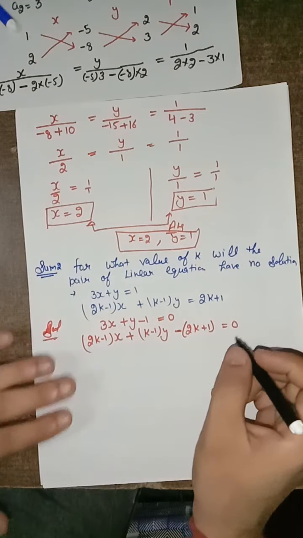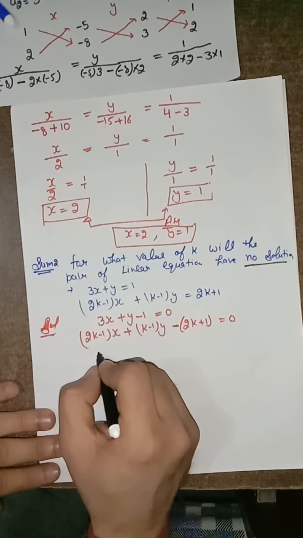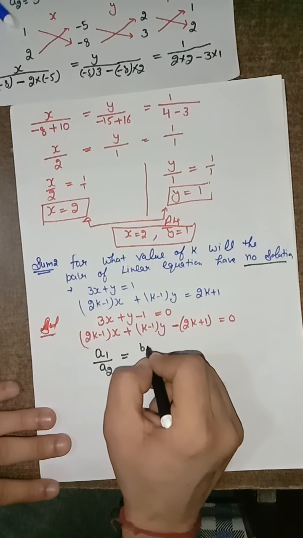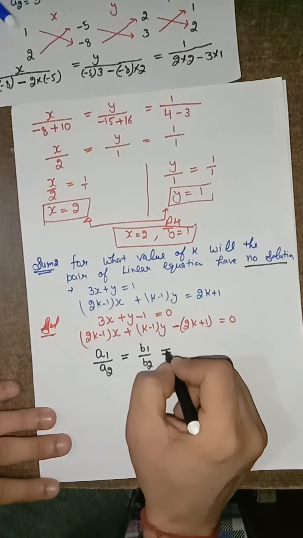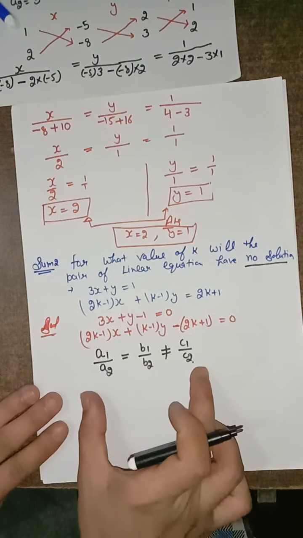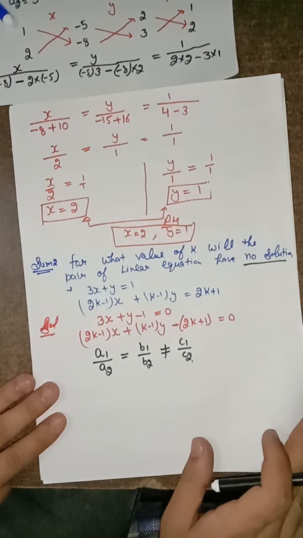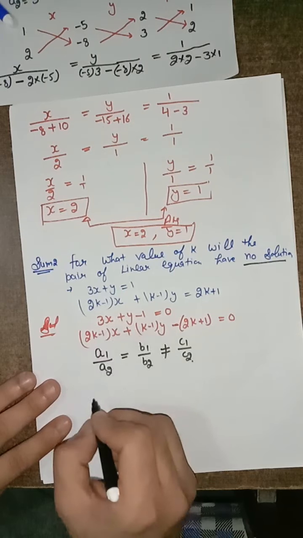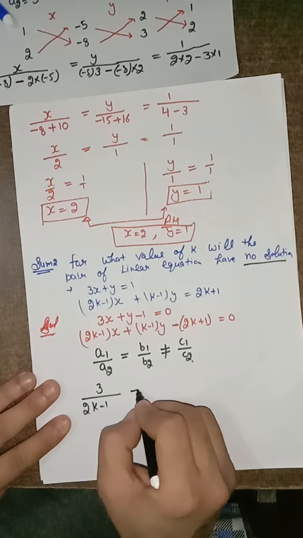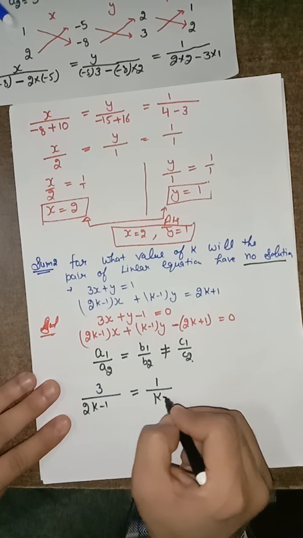Now here we are told there is no solution, and we know the condition for no solution is a1 divided by a2 equals b1 divided by b2 but not equal to c1 divided by c2. This is the condition for parallel lines, and parallel lines have no solution, meaning inconsistent. Now a1 is 3 and a2 is 2k minus 1, equals b1 is 1 and b2 is k minus 1.